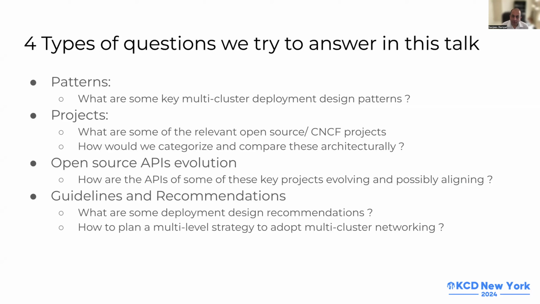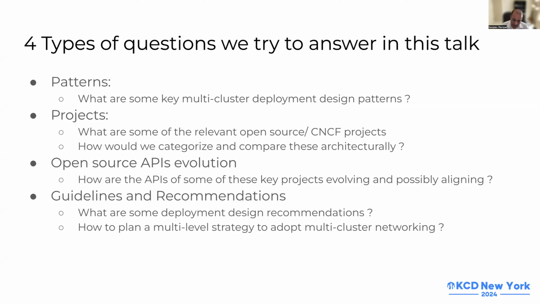We try to answer four types of questions. One, as we said, patterns. What are the key deployment patterns for multi-cluster Kubernetes? Projects: what are some of the relevant open source and CNCF projects, and how do we categorize them and analyze them architecturally? We'll spend some time on the APIs.